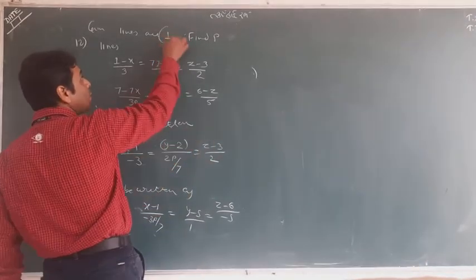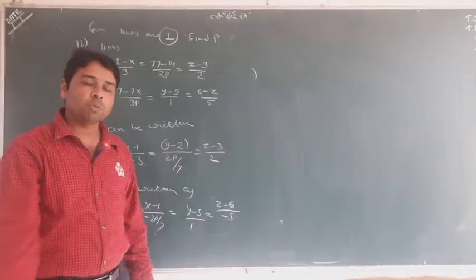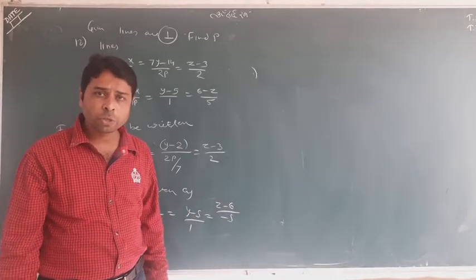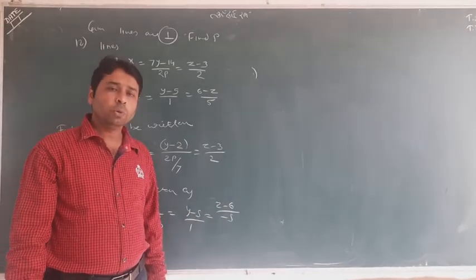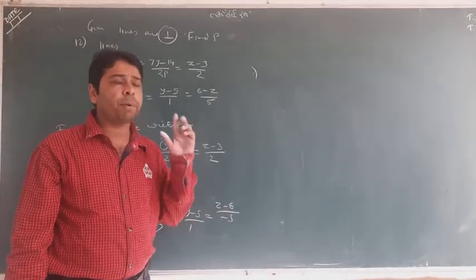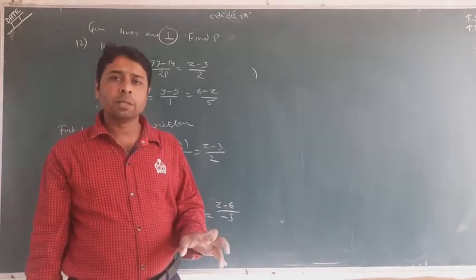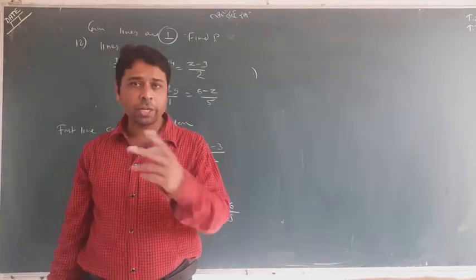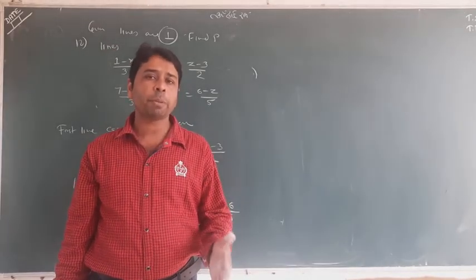And these two lines are perpendicular, it is given. So what is the condition of perpendicularity? a1a2 + b1b2 + c1c2 = 0. You know that this is the condition when lines are perpendicular.